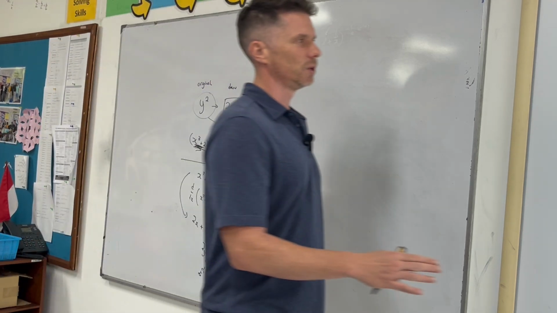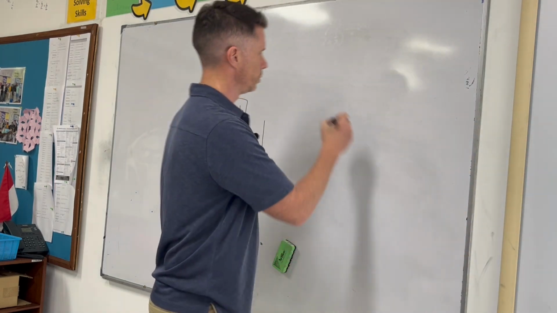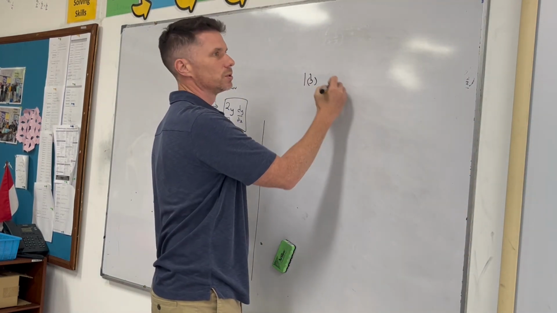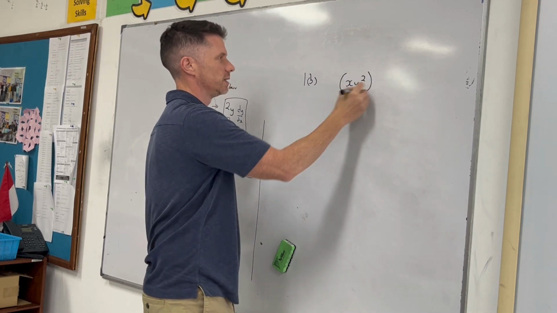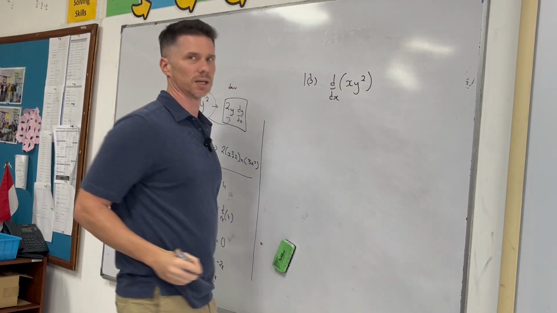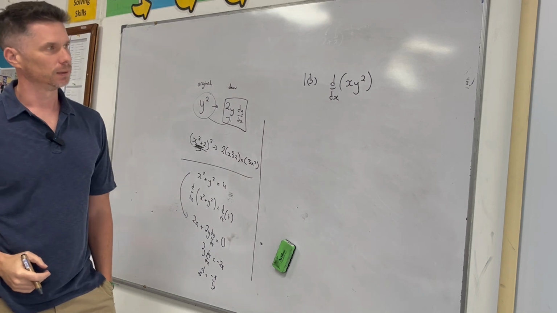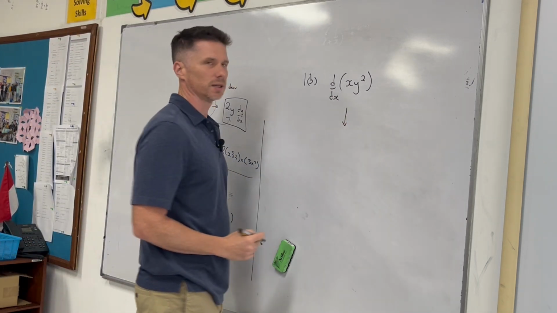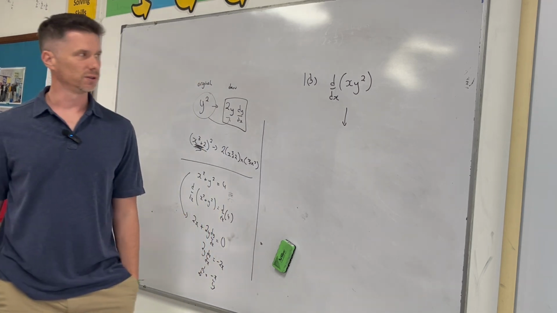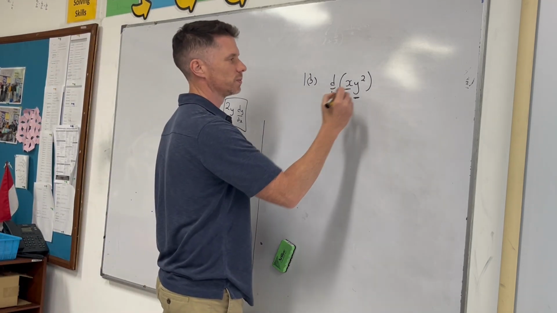This one is very similar. Let's just do 1b here. So if we have xy squared, what is its derivative? That's what they're asking. So what is the derivative of this? Well, then I think we have to use the product rule. Yes, good noticing. There's something times something here.